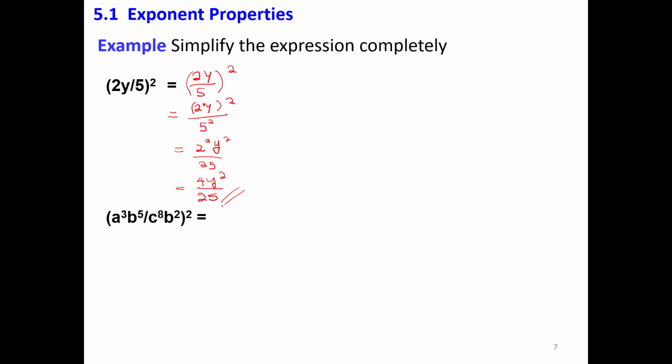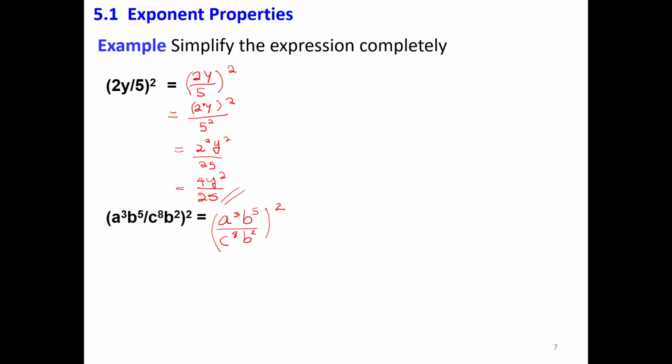Then now here, I want to write this one again. Divide by b to the second power.